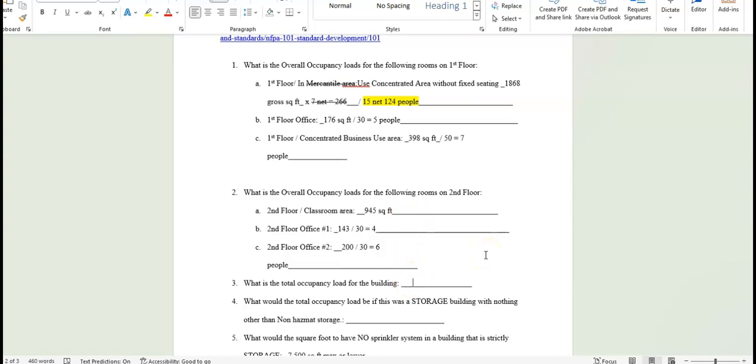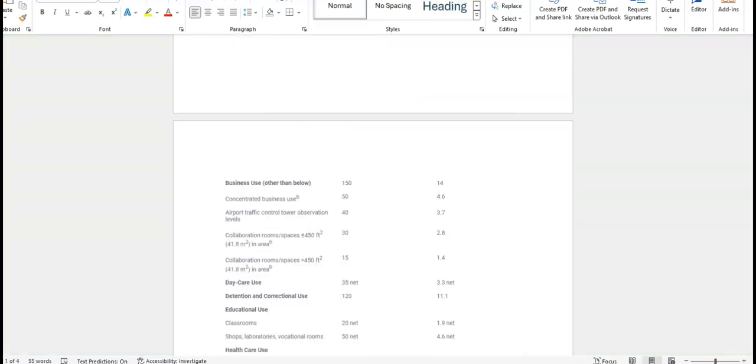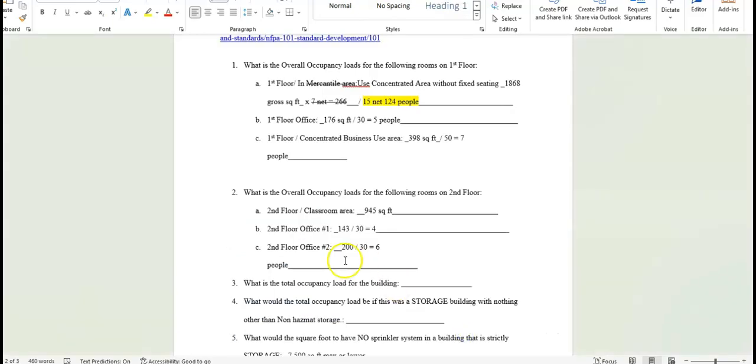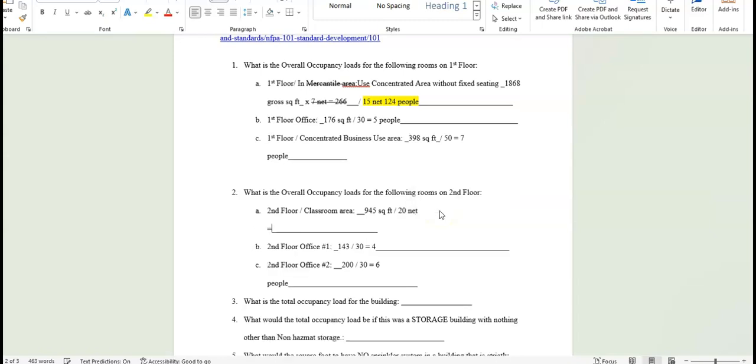And then if we add those up, right? So 6 plus 4. Oh, I didn't do the classroom area. Darn it. Okay, let me get the classroom. Classroom is going to be 20 net. So we don't have anything in that classroom as we can see. So we're going to divide by 20 net, and we're going to get 945 divided by 20 equals 47.25, 47 people in there.